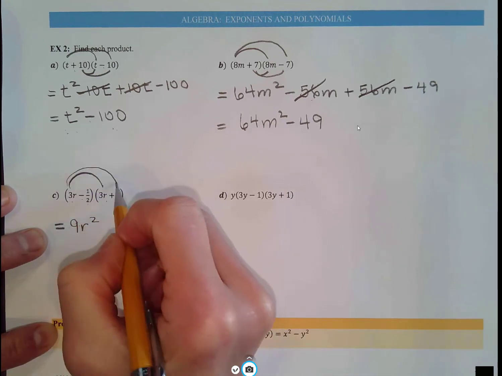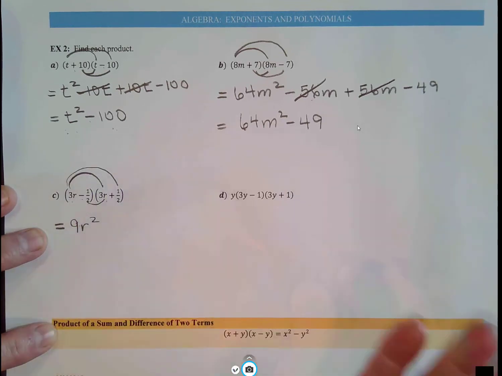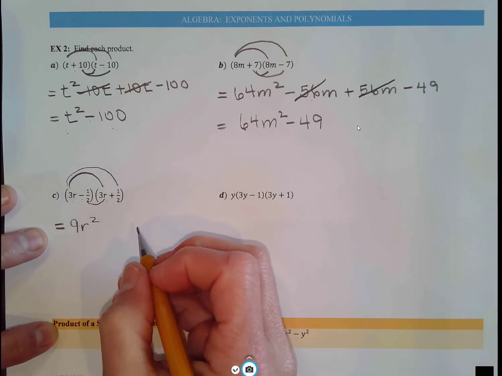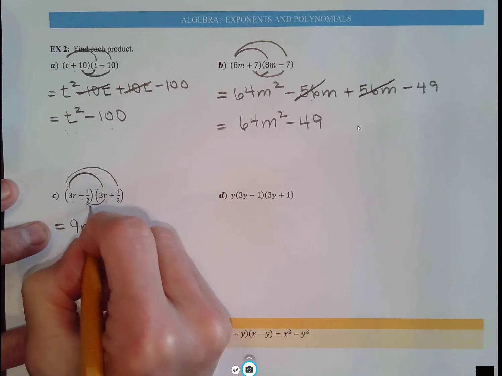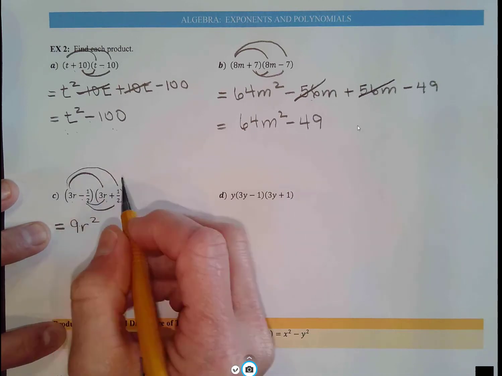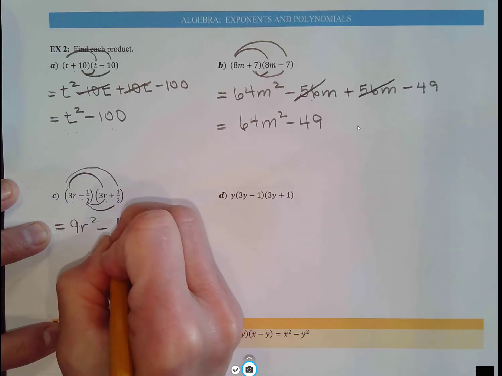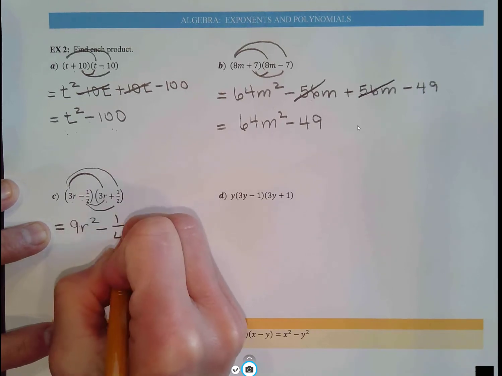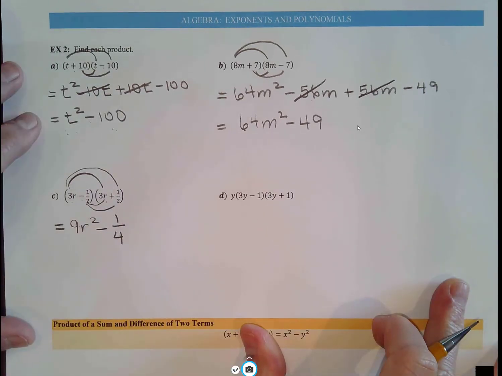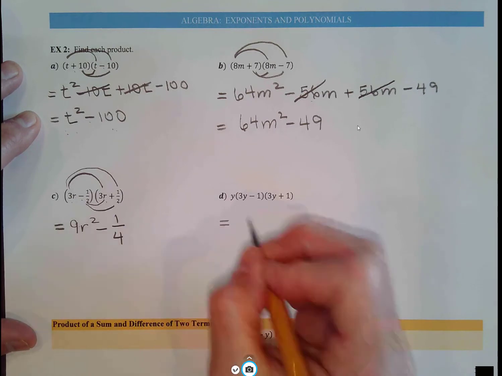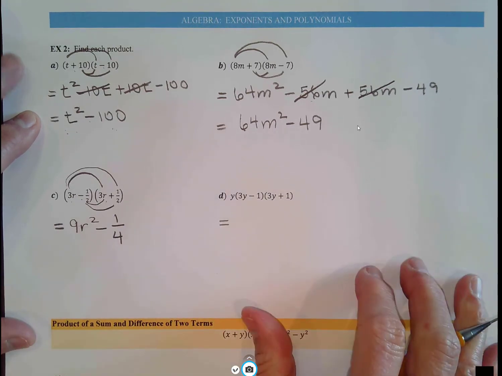We know that our inner and outer products will be opposites, so don't even worry about writing those down. Okay, they're going to cancel each other out. Last terms, negative 1/2 times a positive 1/2, multiplying straight across, gives minus 1/4. 9r squared minus 1/4. So here we're doing some speed multiplying, aren't we?